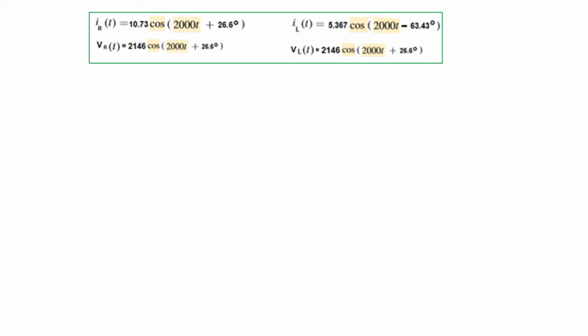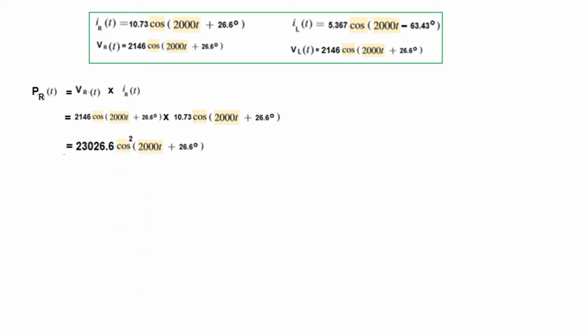Now let's try to find the instantaneous power. We know that power is V into I. So the instantaneous power across a resistor is VR times IR, and plugging in the values from here and solving.